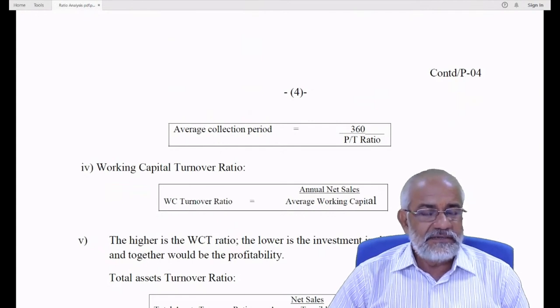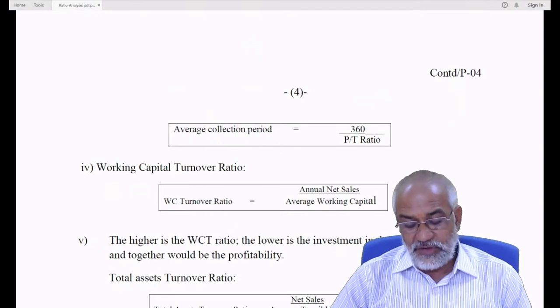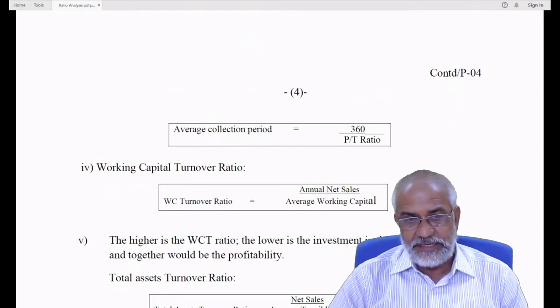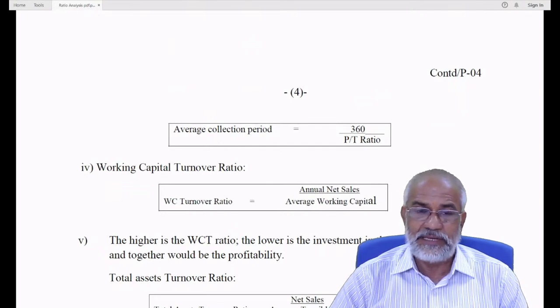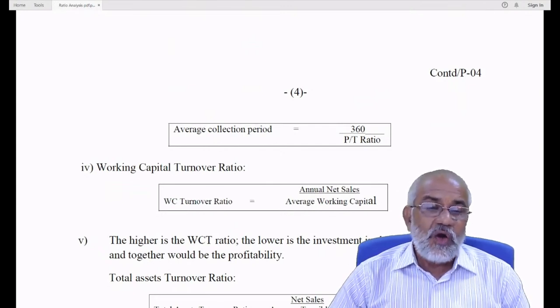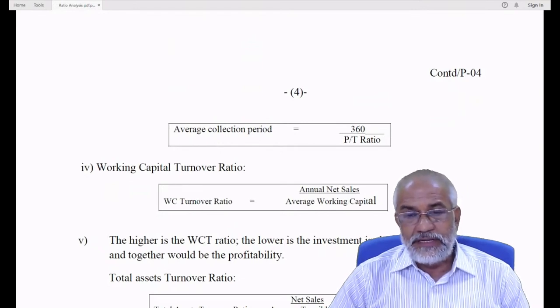Then the next turnover ratio is the working capital turnover ratio. Working capital means current assets minus current liabilities, or the net current assets or the free current assets. The working capital turnover ratio is computed by dividing the annual net sales.